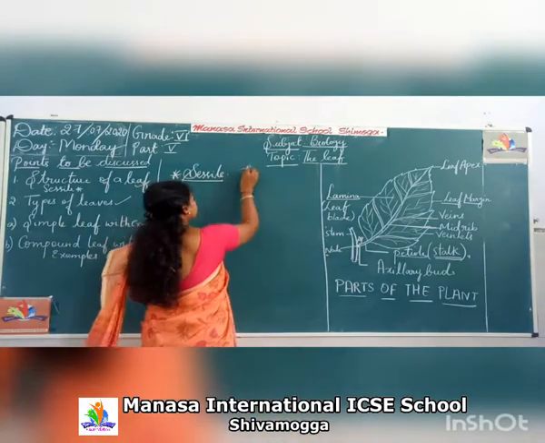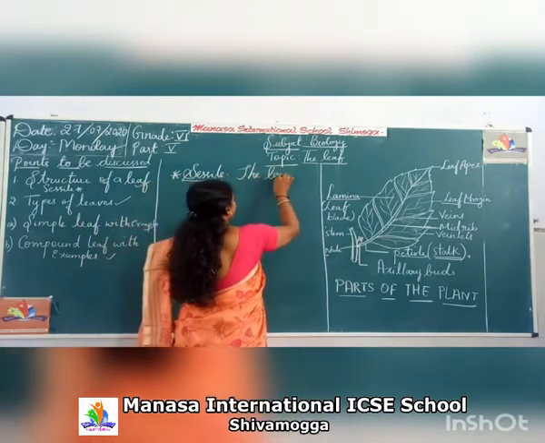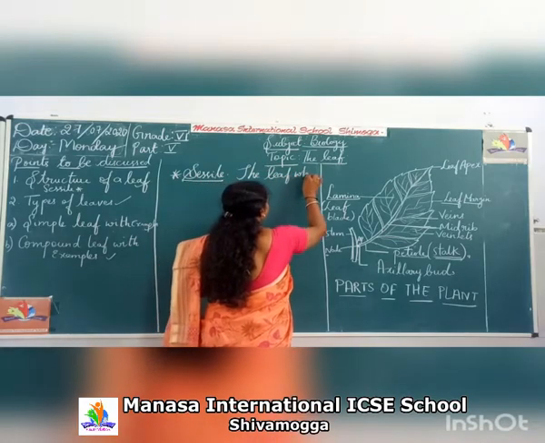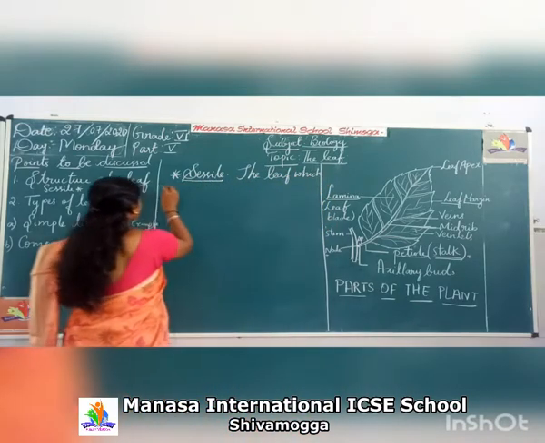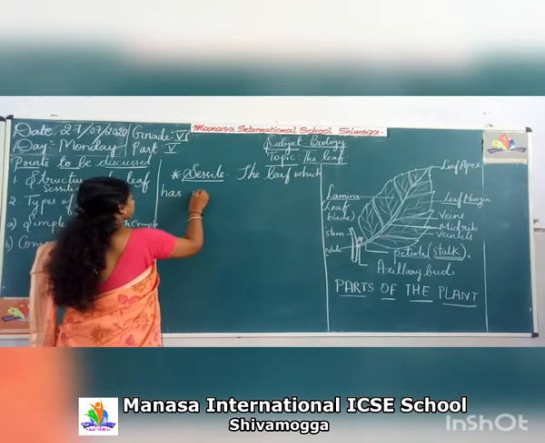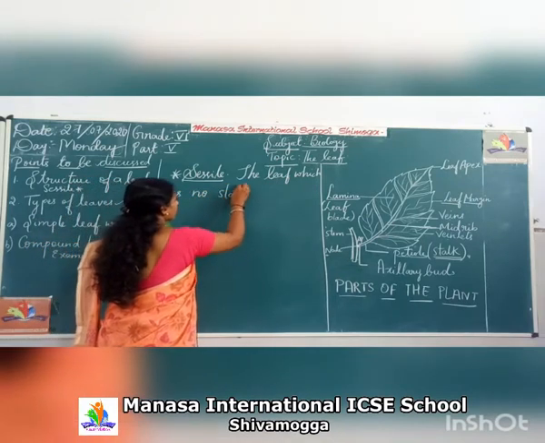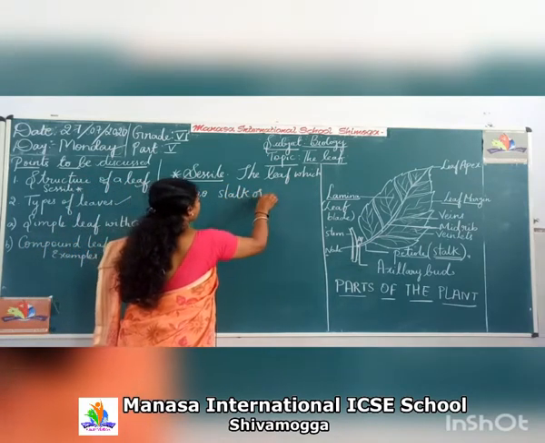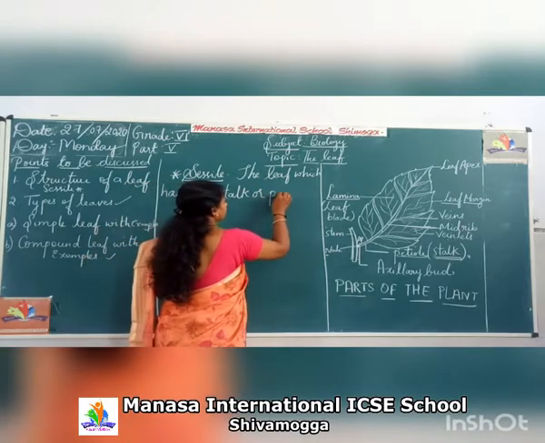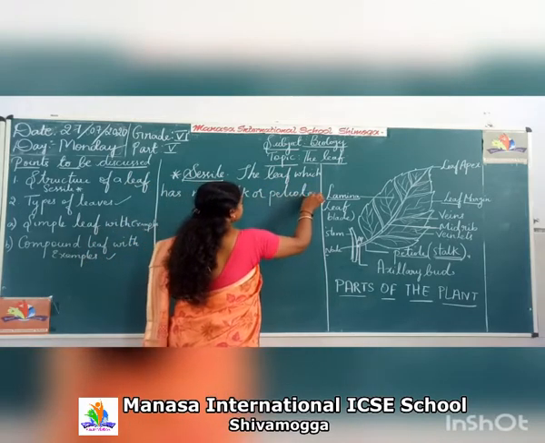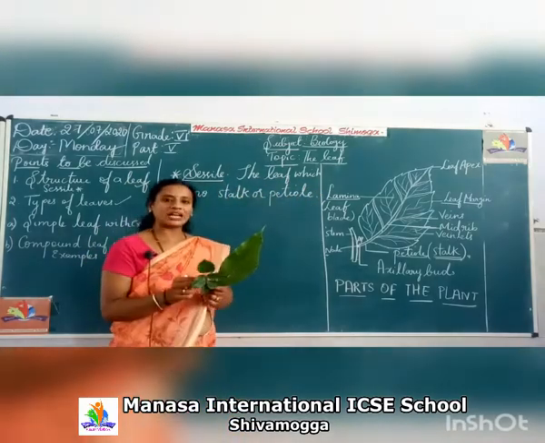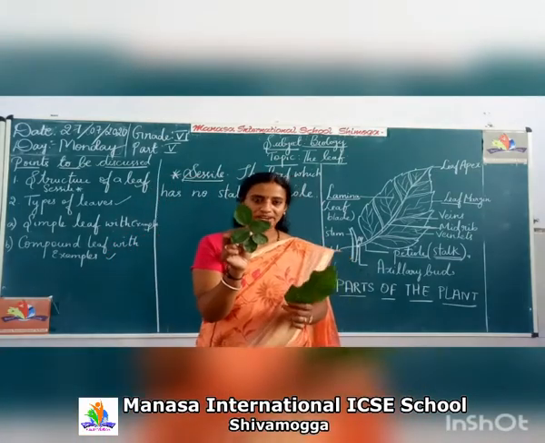The leaf which has no stalk or petiole, such type of leaves are known as sessile leaf, right?